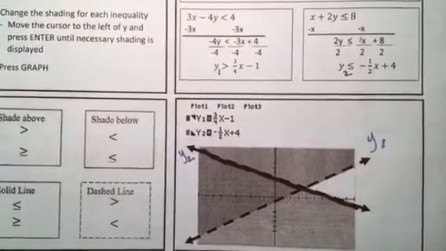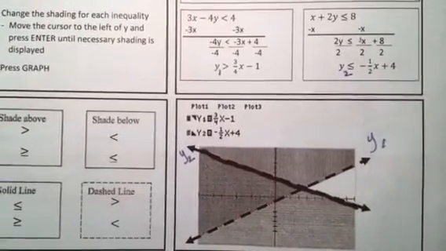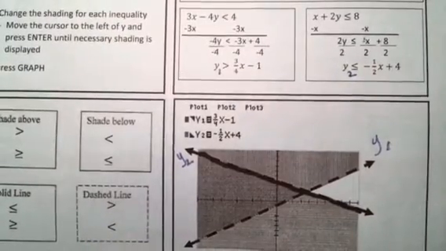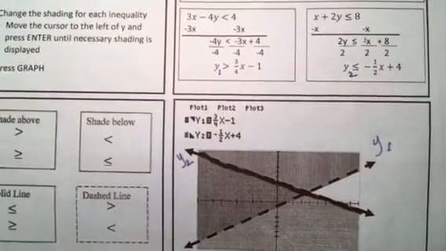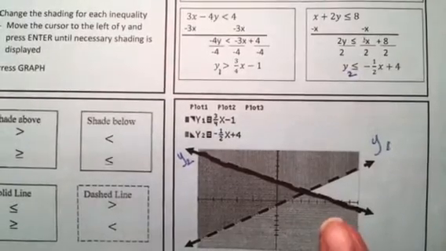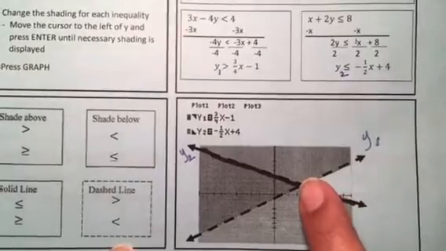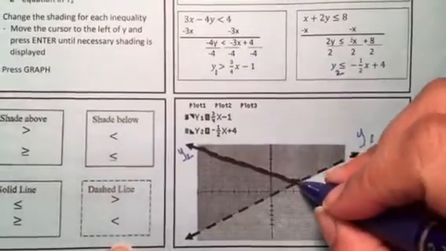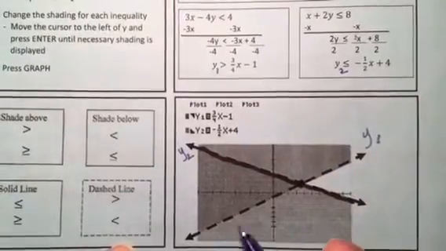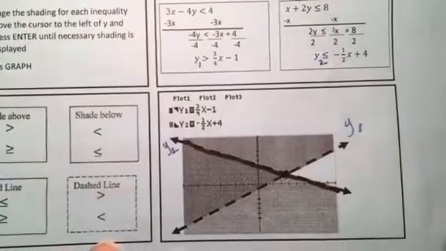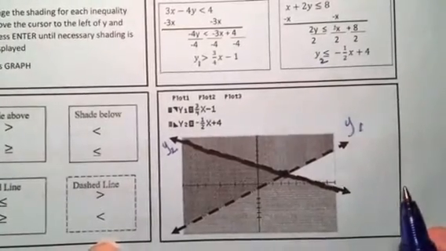Whereas with systems of equations, you only have 3 possible answers. You have your no solution, your infinitely many solutions, or your one where it intersects. So here it does intersect, but it's not necessarily a solution because this is a dotted line. This one's solid. So hopefully this makes a little bit of sense.